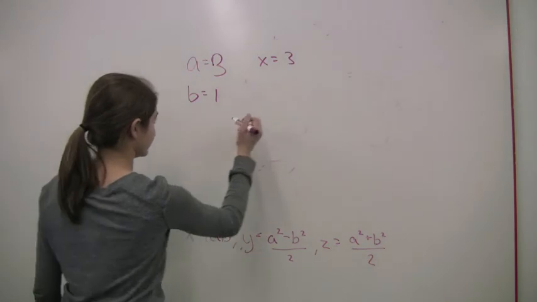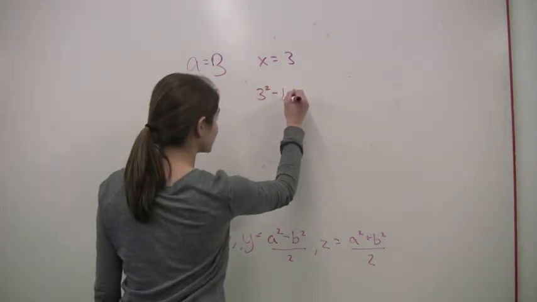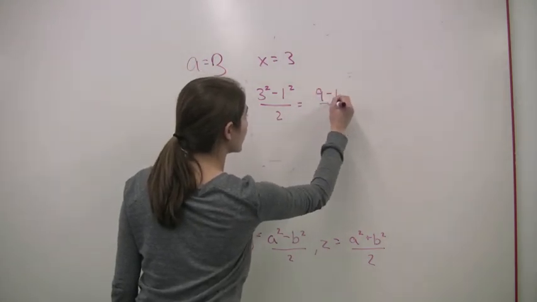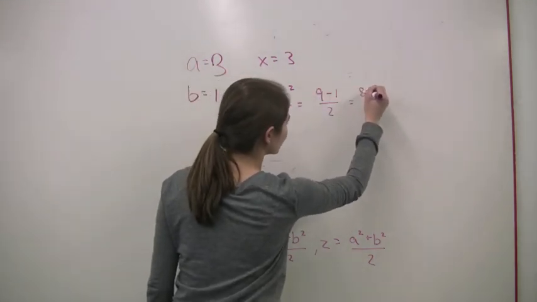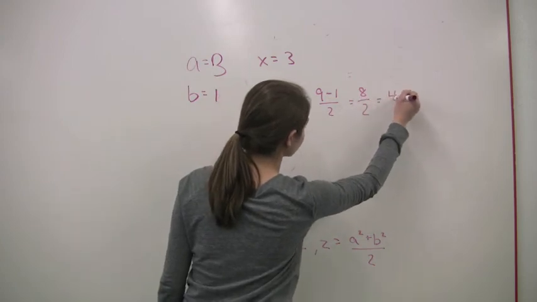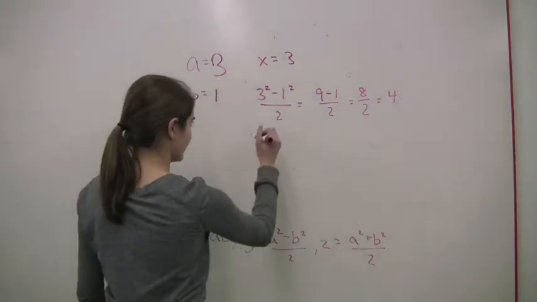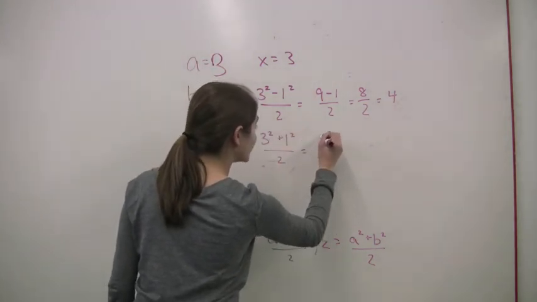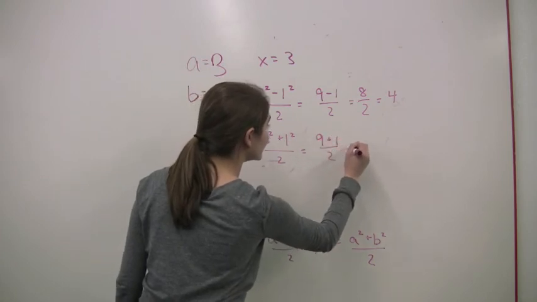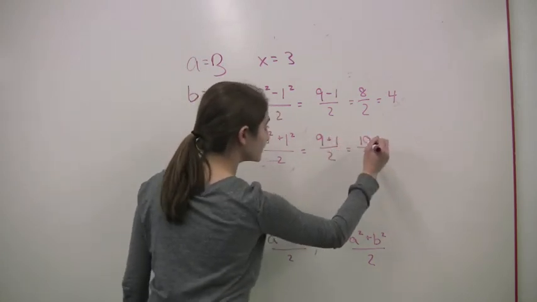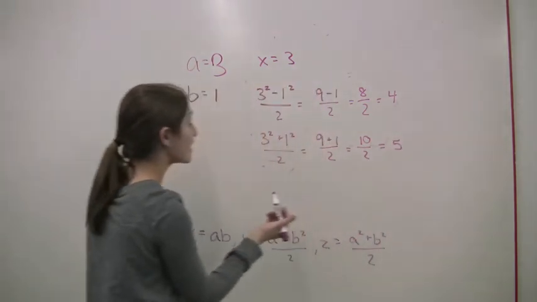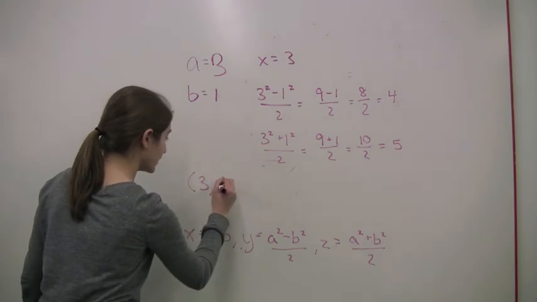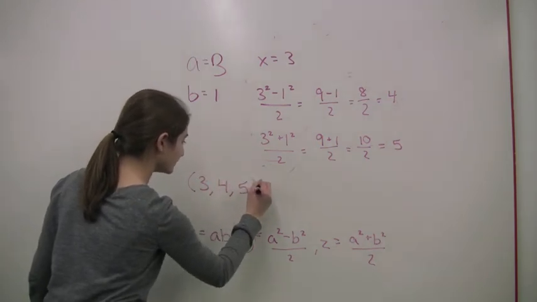Y would then be 3 squared minus 1 squared over 2, equal to 9 minus 1 over 2, or 8 over 2, which is equal to 4. Z would then be 3 squared plus 1 squared over 2, or 9 plus 1 over 2, equal to 10 over 2, or 5. Thus, we have found our first primitive Pythagorean triple, which is 3, 4, 5.